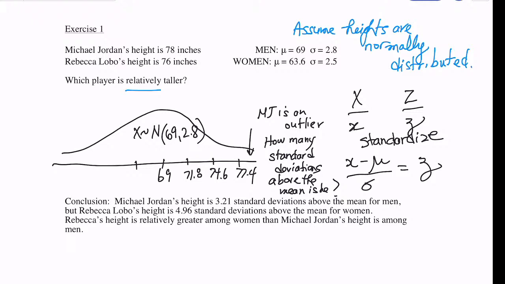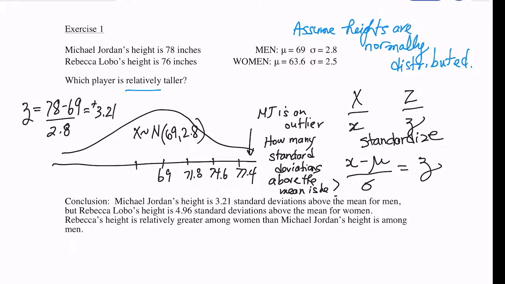He has to be 3 standard deviations. If you make this calculation, you'll see that Michael Jordan is 78 minus 69 divided by 2.8, which tells you 3.21 standard deviations with a positive, right?